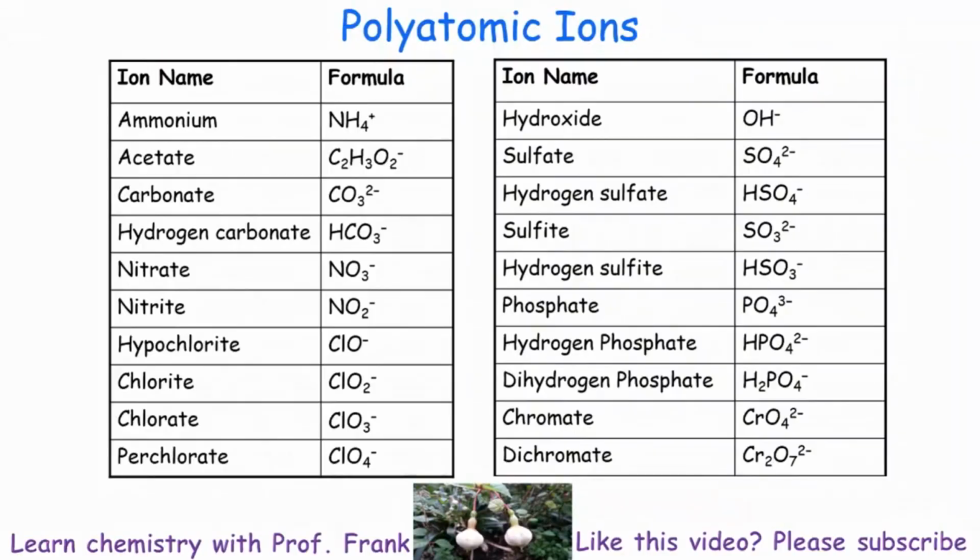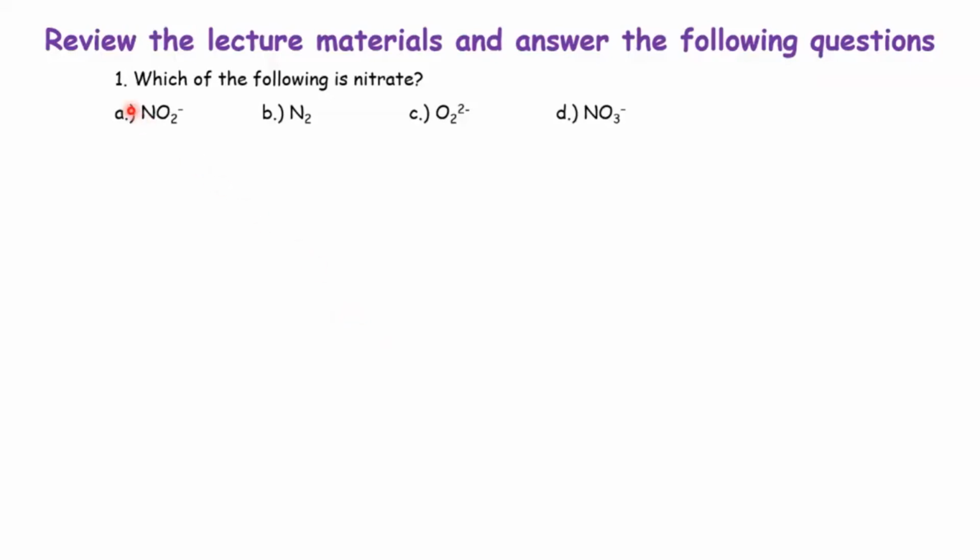If we go back to the previous slide, you see nitrate, nitrite, ATE, ITE. ITE is the one with 1 less oxygen atom. So therefore nitrate is NO3. It's not NO2. NO2, that's nitrite, ITE.